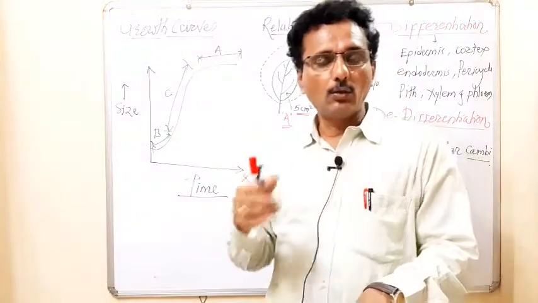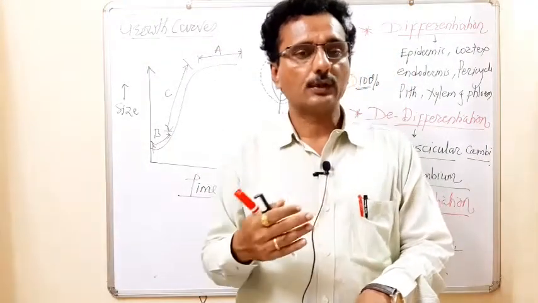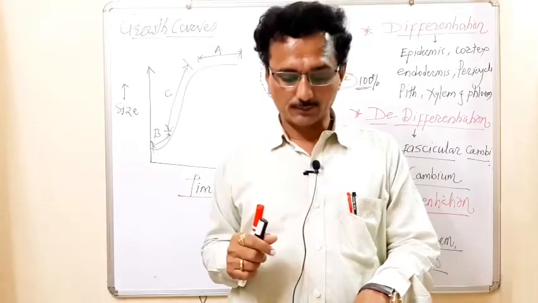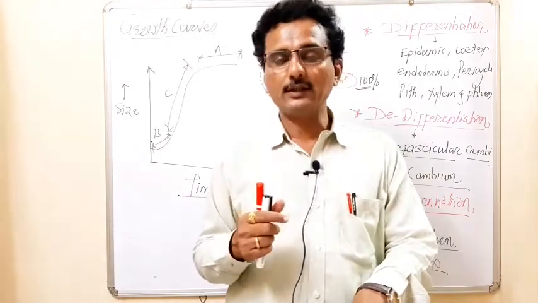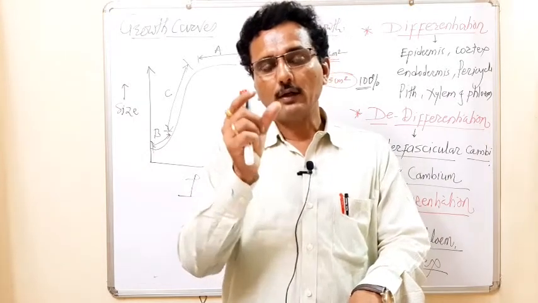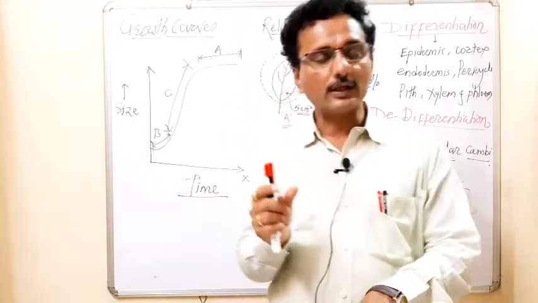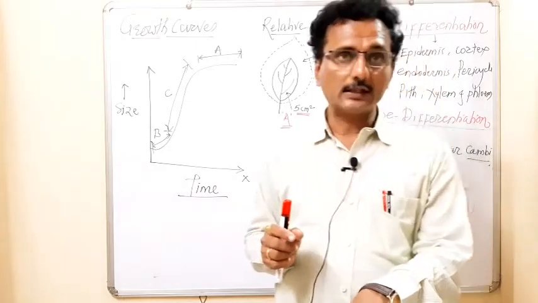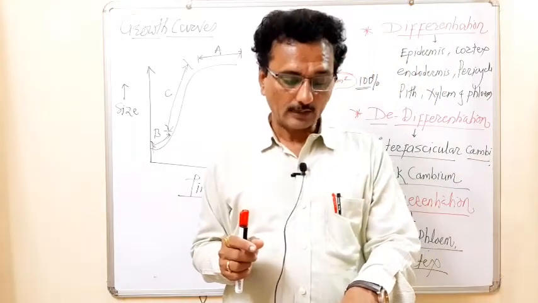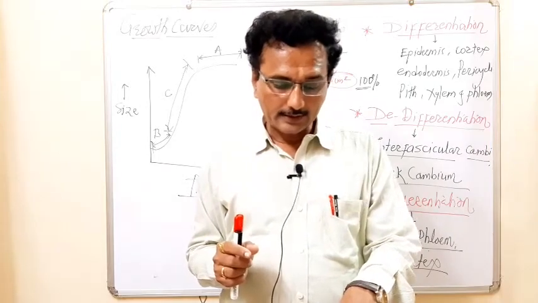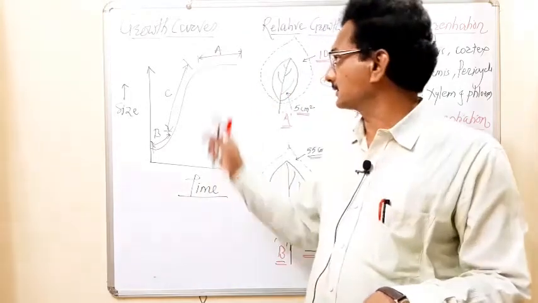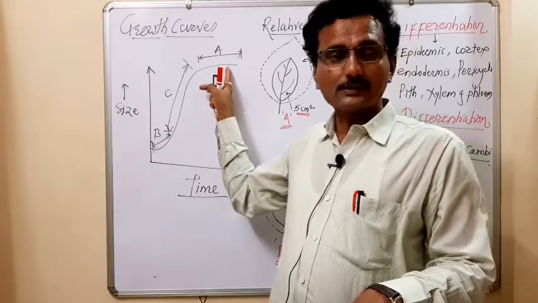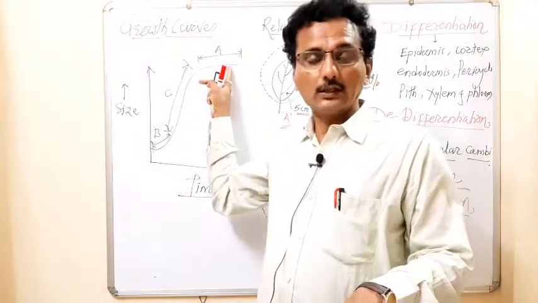Okay, how are we to judge the answer? On the basis of the sequence given in the question. First we have to identify the A site, then the B site, then the C site. The A site is the steady state phase, or we can say the stationary phase or adult phase.